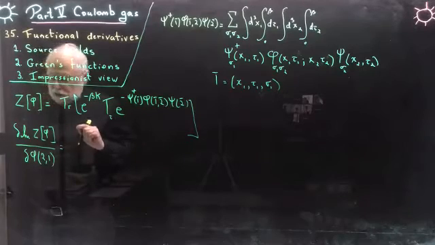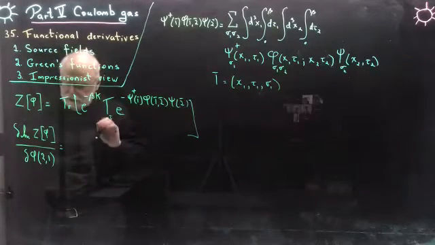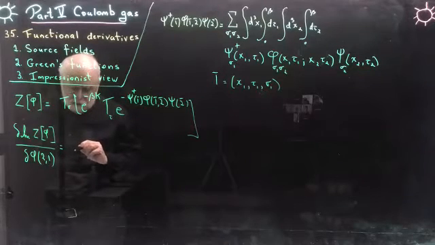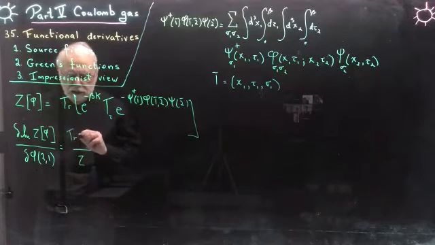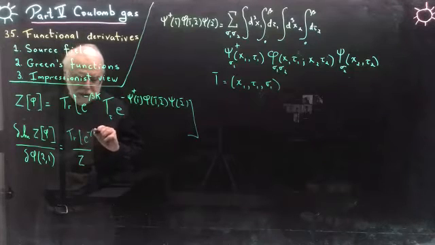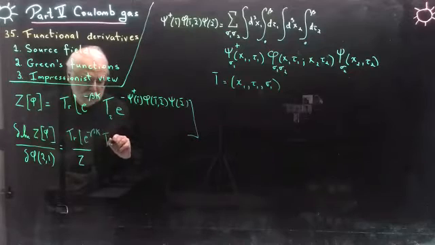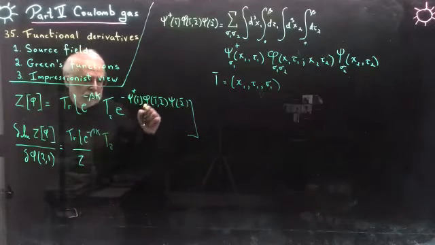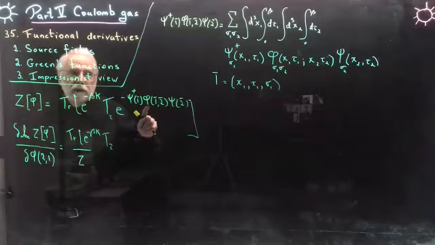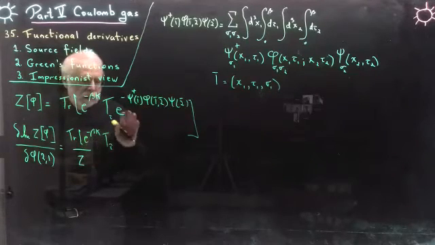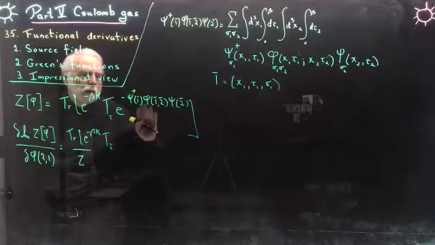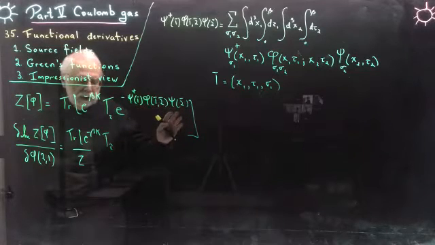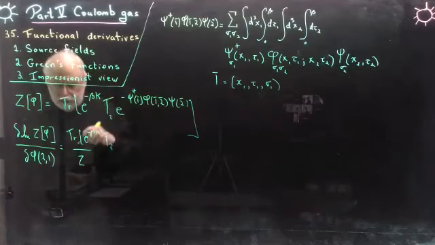So if I take the functional derivative of this, I will get again 1 over Z. And here I will get the trace of e to the minus beta K. Okay, and now I showed you earlier that when I have a time-ordered product, and here these are operators, but the phi here are just numbers, if I take a derivative of a time-ordered product, it works just like an ordinary derivative. So the rule to differentiate the exponential is the same as for an ordinary number, like in the classical case.